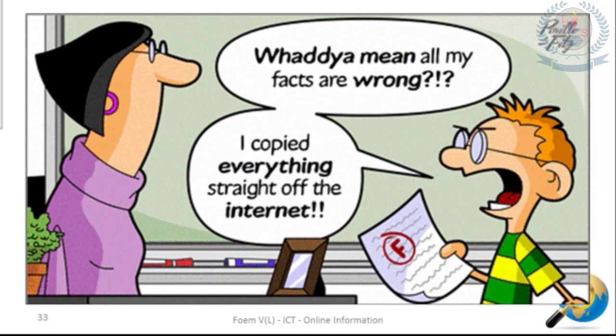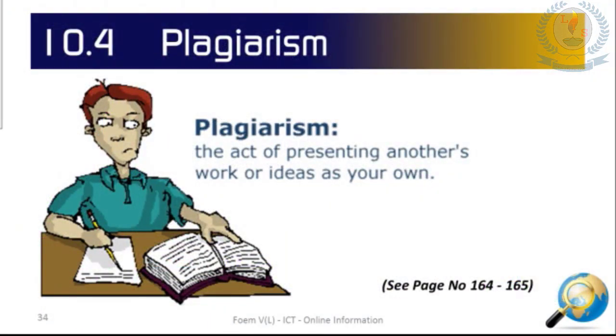Nicely he has used the internet, looking at the internet contents, and written the same thing for his work and shown it to the teacher, saying I did this. So that's what we have to consider. You can't copy what is on the internet as it is and publish it as your work. We call that plagiarism. This is the act of presenting another's work or ideas as your own.